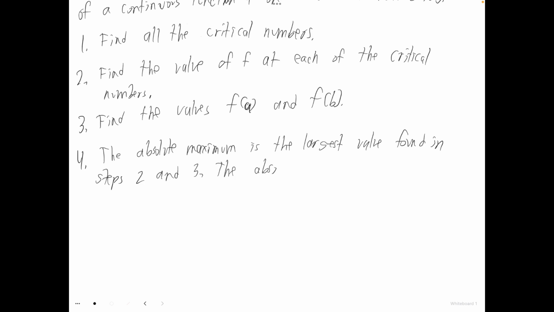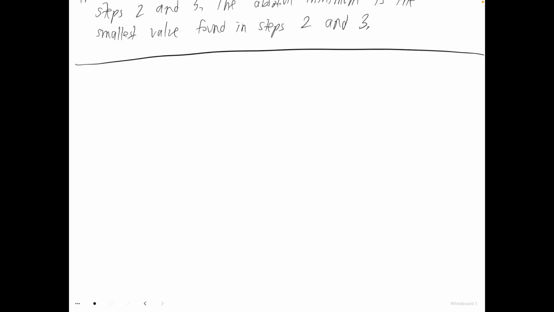The absolute minimum is the smallest value found in steps 2 and 3. So you just take all the numbers from steps 2 and 3, which are the values of the function at its critical numbers and at its endpoints. The largest of all those is the maximum. The smallest of all of those is the minimum. So let's do some examples of using this closed interval method.